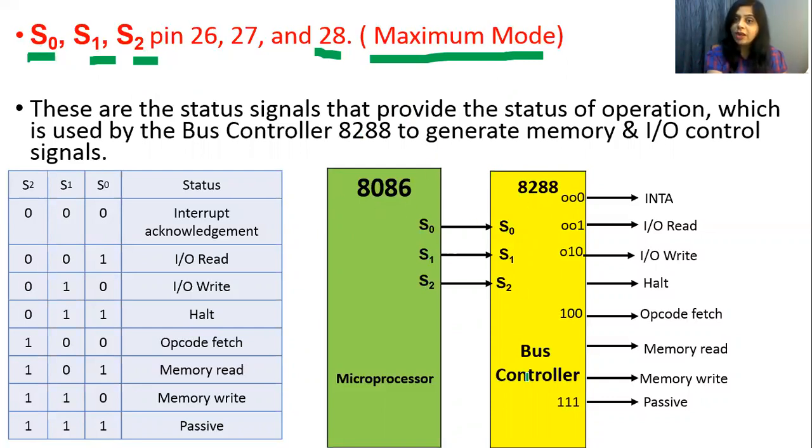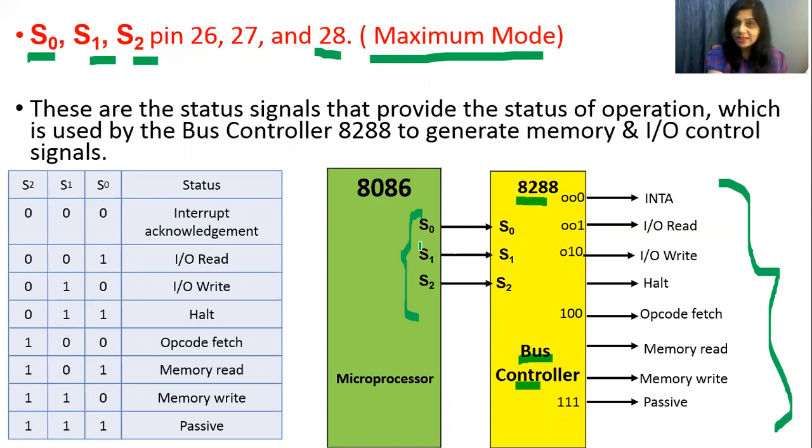This 8288 is a bus controller IC, and it generates control signals for the 8086 based on the status of these pins.